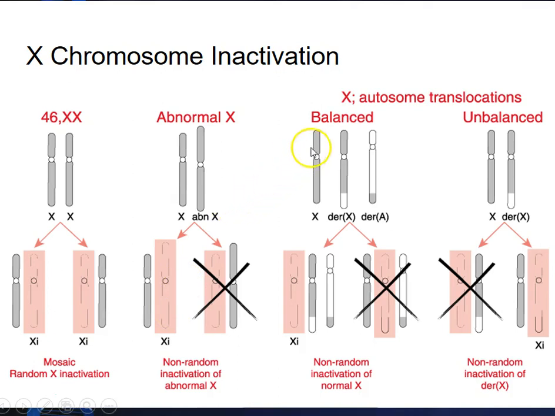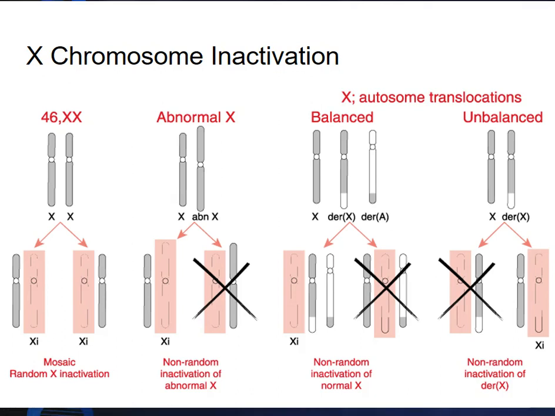However, when there's a balanced rearrangement, here's our X chromosome, here's an autosome. If there's a translocation between the long arm of an X chromosome and the long arm of, let's just make it up, chromosome 1, if we inactivate this abnormal X, it results in partial trisomy of chromosome X with a partial monosomy, because this material that's of chromosome 1 origin will actually be inactivated, because the spreading inactivation spreads in both directions, and it's not dependent on whether it's X chromosome material.